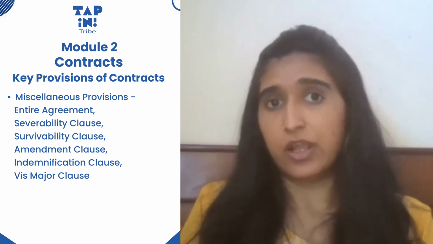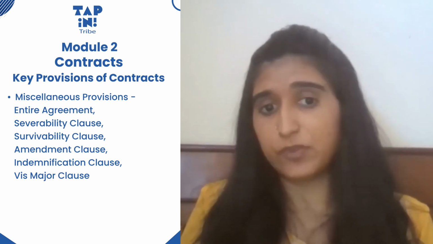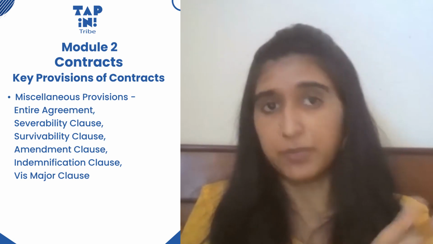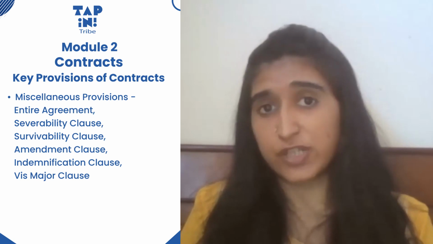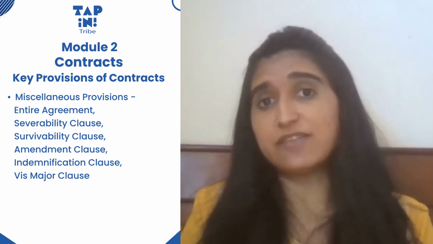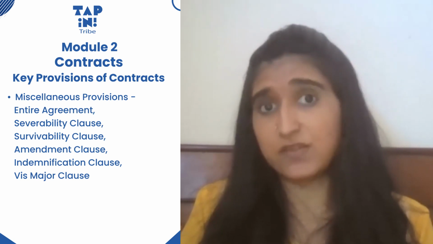How do you do that? You can do that by putting in a survivability clause that says the confidentiality clause, or whatever number that is, let's say clause 7, will survive the termination of this contract indefinitely. So a survivability clause basically allows you to keep some things in place even after the contract has been terminated and protects you to that extent.